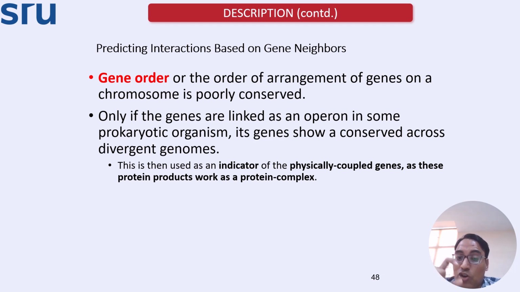So that order is conserved. What is that an indicator of? It is an indicator that these genes are physically coupled. They may participate in a protein complex which forms at the same time to work together on a certain important biochemical function.